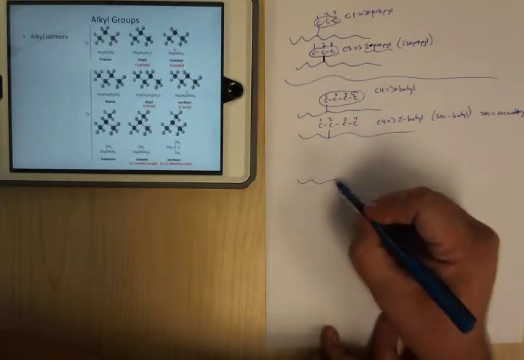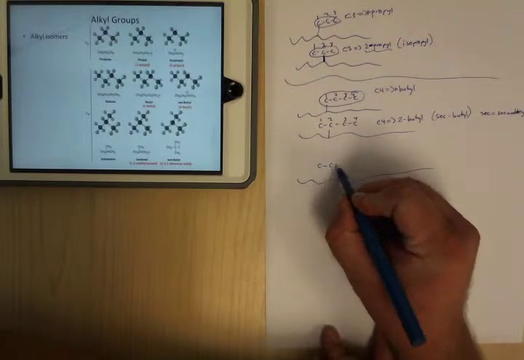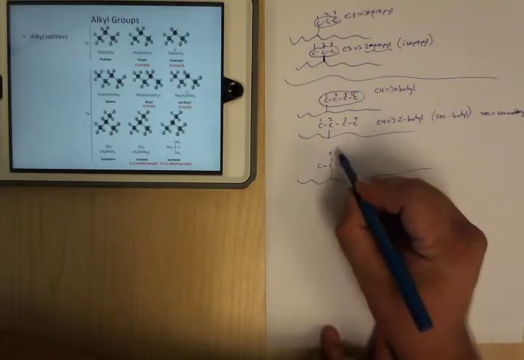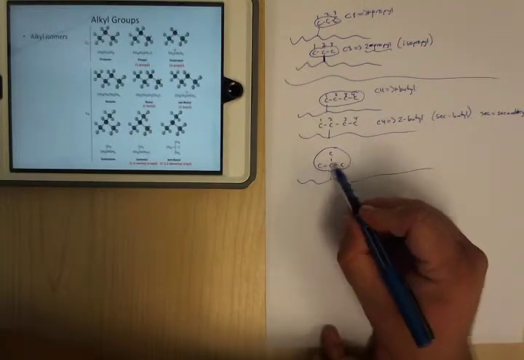Okay. Now, the other thing that can actually happen is, what if we have this here? Now, it's still 4 carbons, right? But the main chain of that carbon is 3 long.